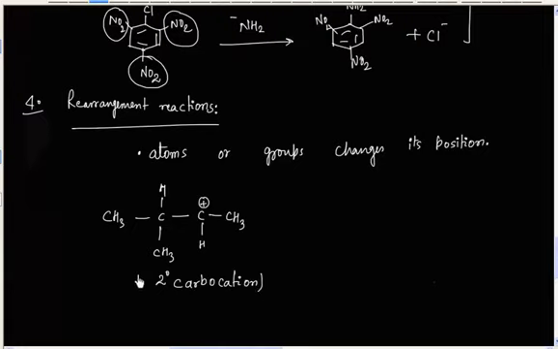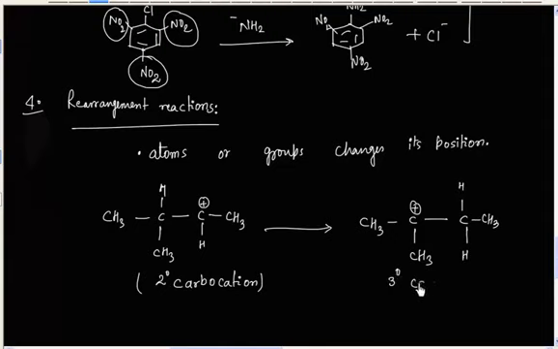Now this carbocation is not very stable, so it can rearrange to give a 3-degree carbocation. So this is a 3-degree carbocation. So this reaction is an example of rearrangement.